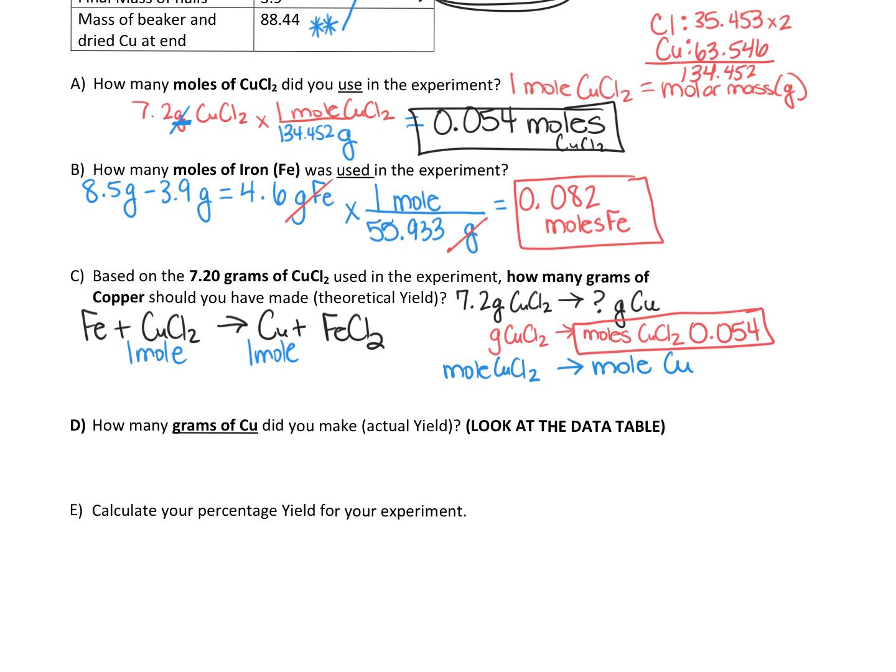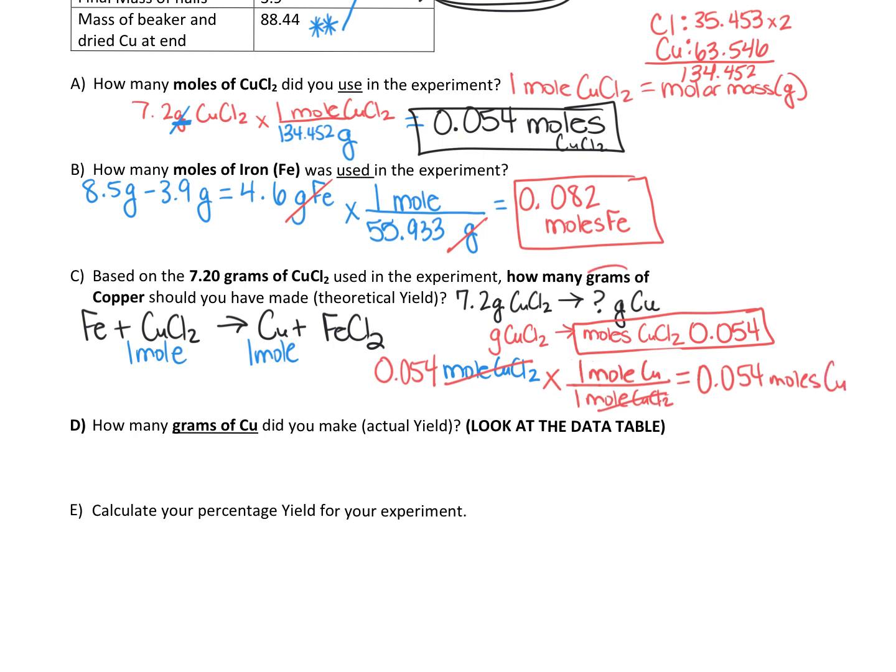I have 0.054 moles of copper chloride going in, and I use the relationship from the balanced equation that 1 mole of copper chloride makes 1 mole of copper. The moles of copper chloride cancel out, and I have 0.054 moles of copper that I should have made.